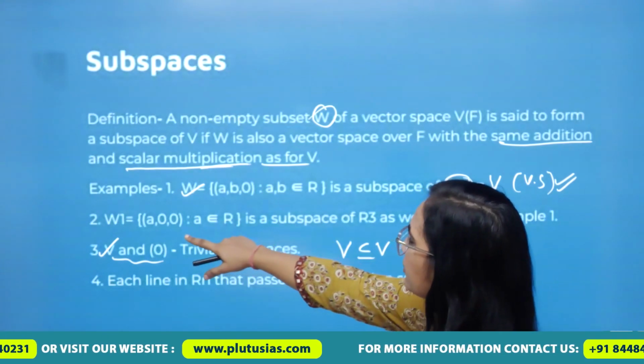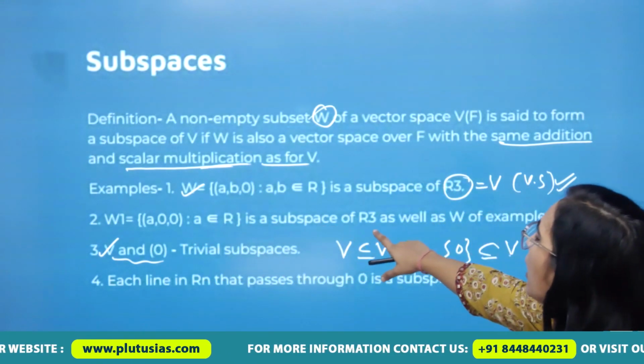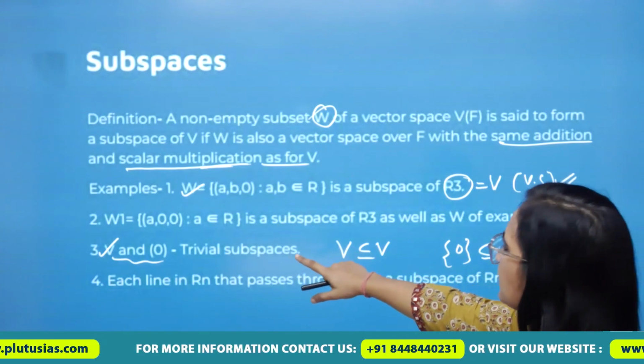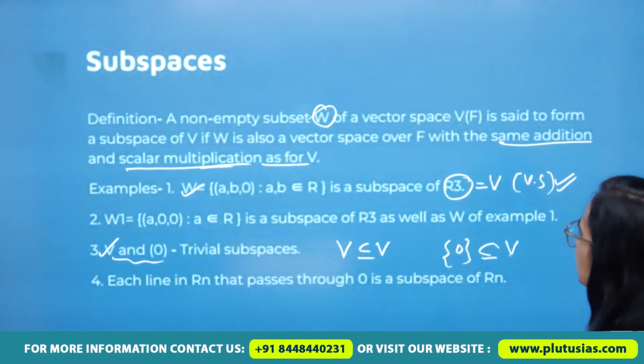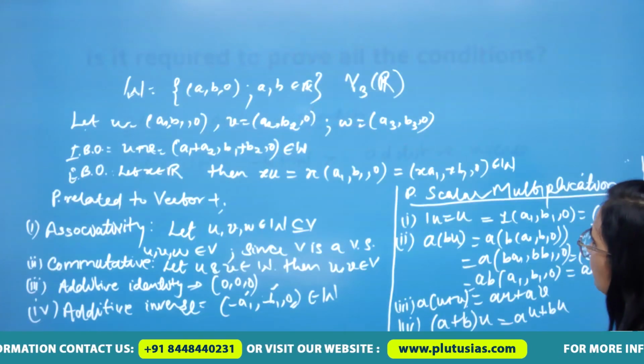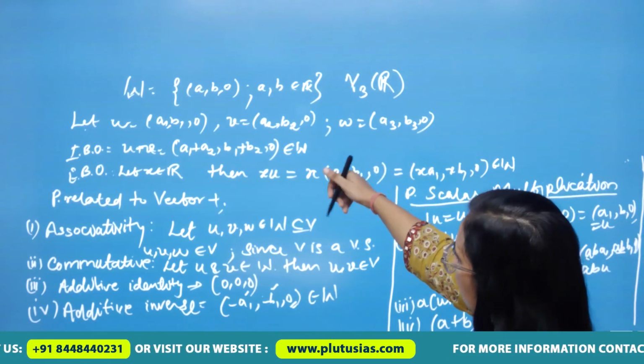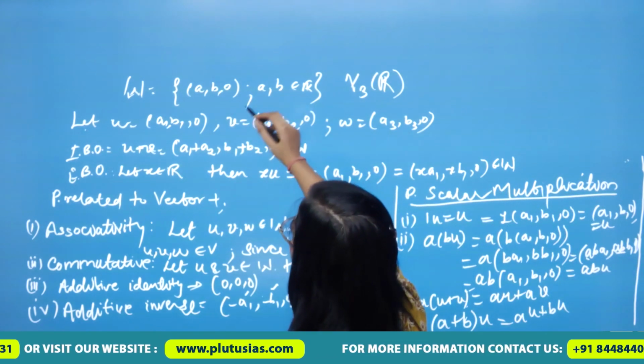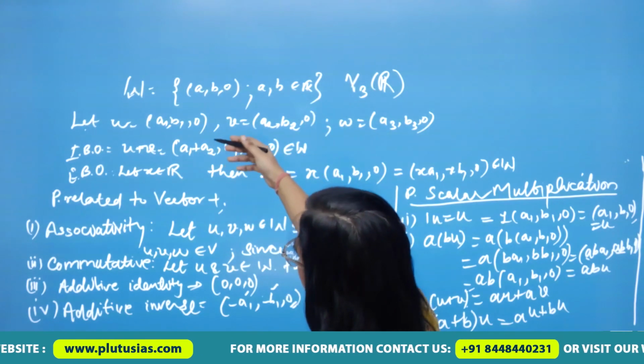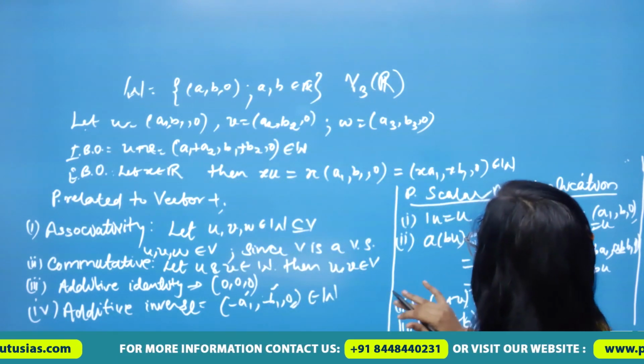Now we will prove that W1 is a subspace of R3. We have proved the first one. In the second we would take 0, 0, 0, then we will follow the proof and we will get the same result.